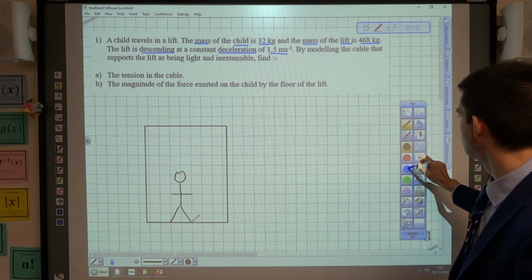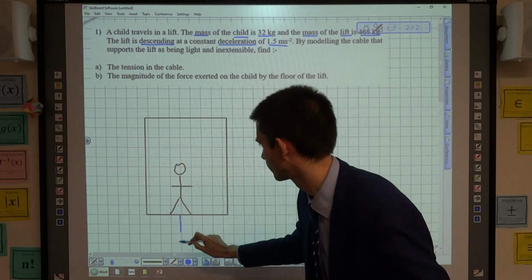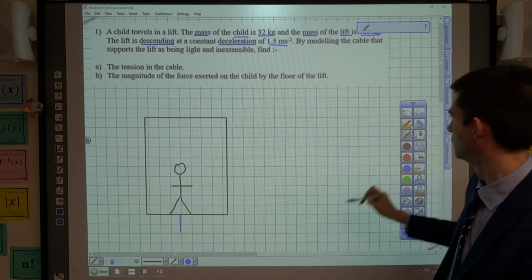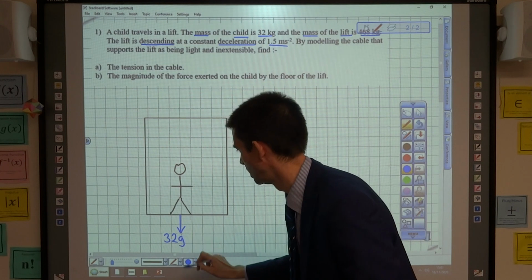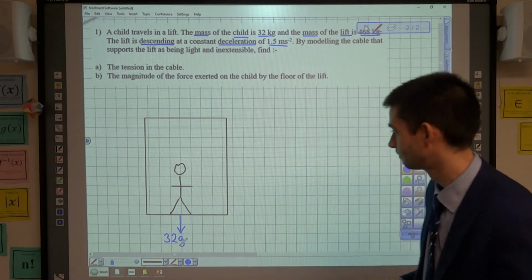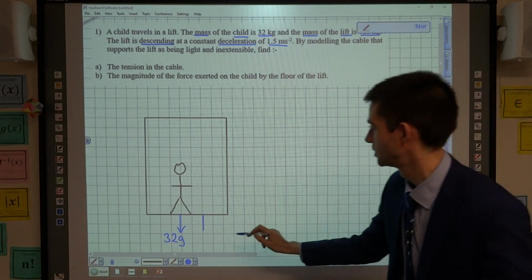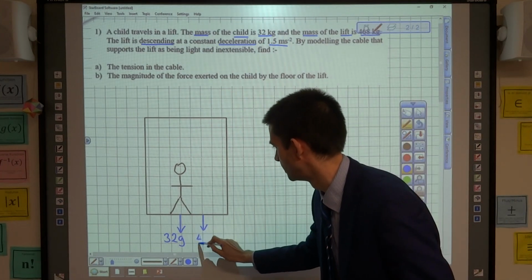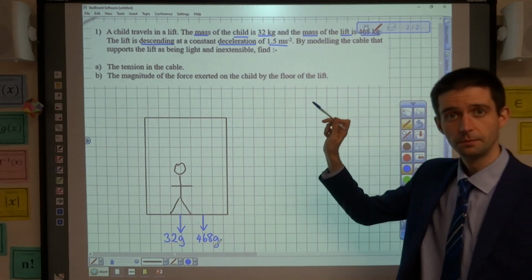Well, we have the weight of the child, which is going to be 32g, g being acceleration due to gravity. And we are also going to have a force downwards of 468g, which is the weight of the lift itself.